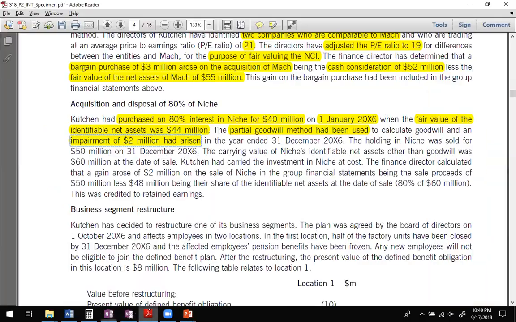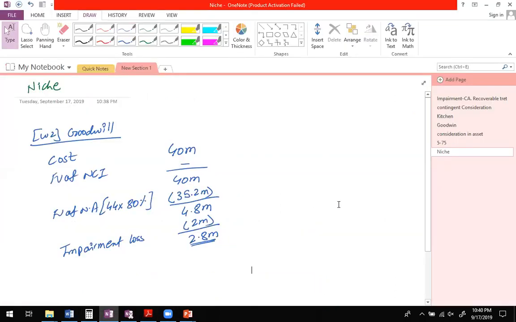So if I go back to the question, it further says that the holding in Niche was sold for $50 million on 31st December 2026. So we have sold the investment after a year, from 1st January till 31st December. After the year, we have sold the subsidiary for $50 million. So apparently, because we have sold all of the shares, we should be debiting the bank by $50 million.